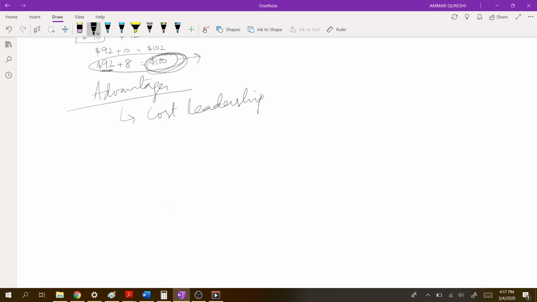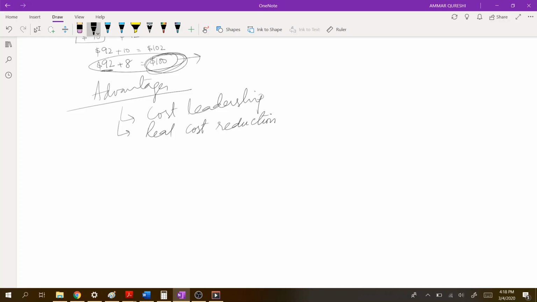The second one is real cost reduction, in the sense that we are not following something short term, right? Whatever cost reduction we are proposing in target costing is a longer term concept. We have changed the design, which is a permanent solution.